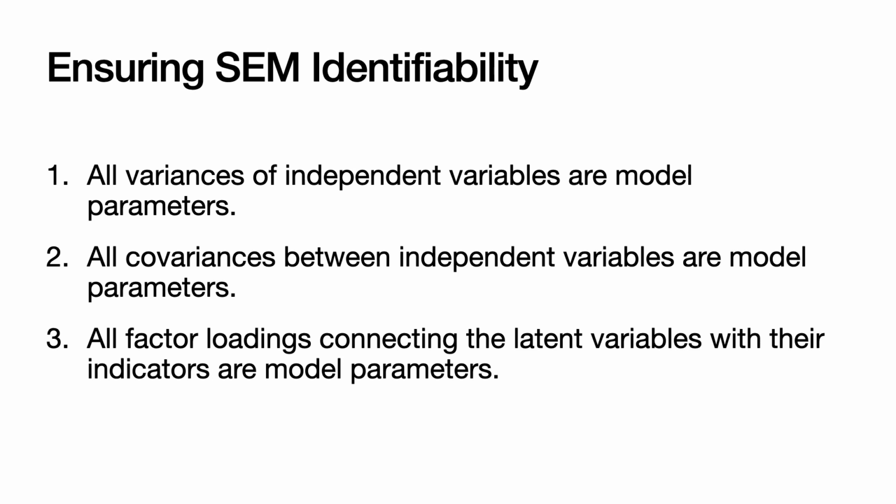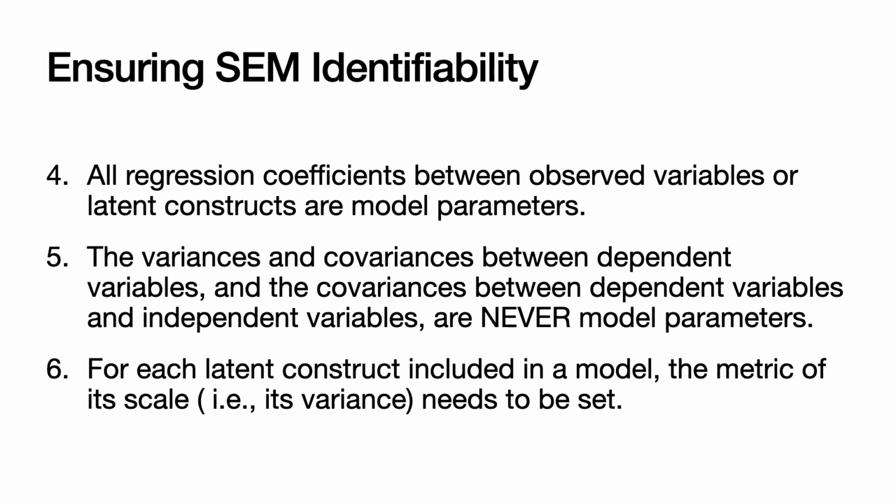Rule number 1, all variances of independent variables are model parameters. Rule 2, all covariances between independent variables are model parameters. Rule 3, all factor loadings connecting the latent variables with their indicators are model parameters. Rule 4, all regression coefficients between observed variables or latent constructs are model parameters.